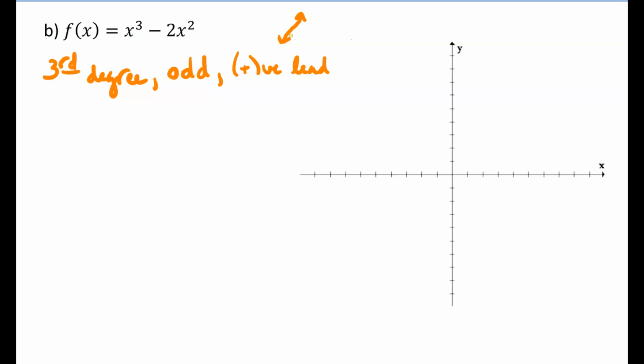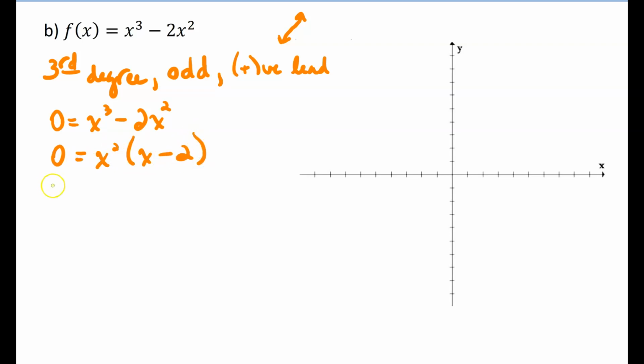All right, what do we want to find next? Zeros. The zeros. Okay, this is not factored for us, so we're going to have to set this equal to 0. So x cubed minus 2x squared. We can factor out x squared, which leaves us with x minus 2.